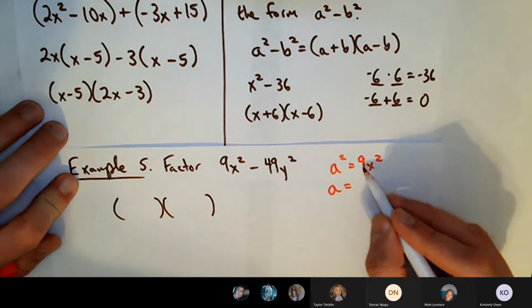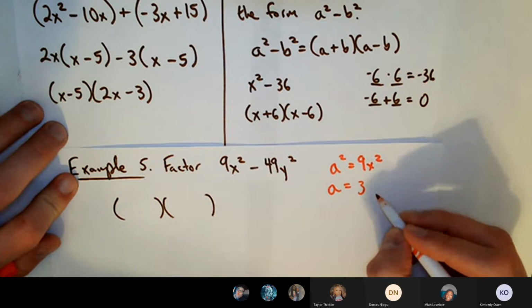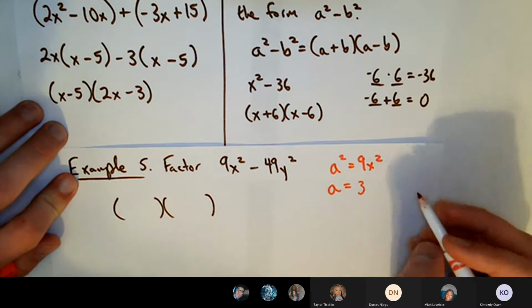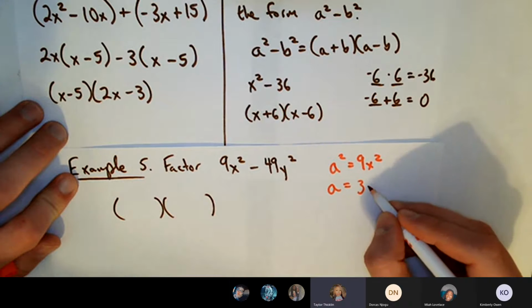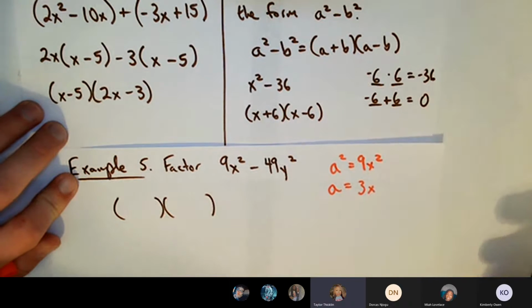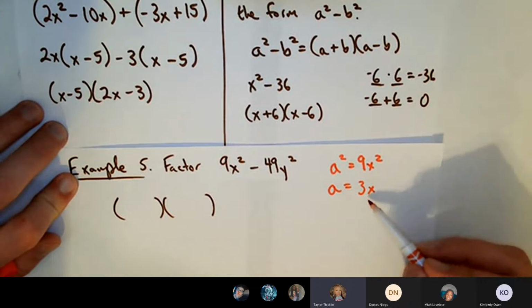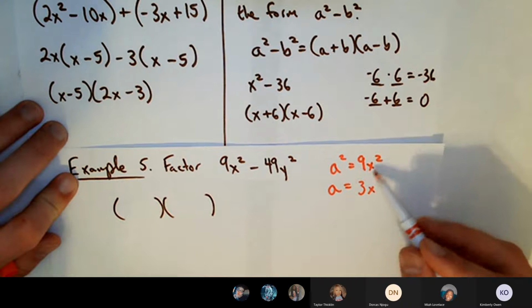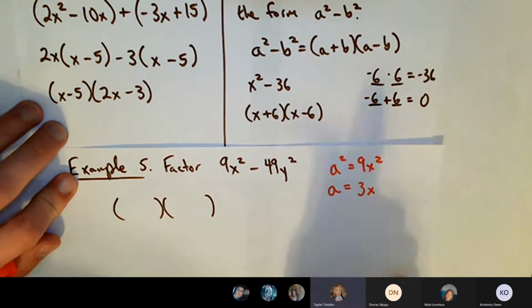Think of what do you have to square in order to get a 9? 3. Yep. And then what do you have to square in order to get x squared? 1x, right, in x. Because what is x? If I square x, then I get x squared. So it tells you in its name what the root should be. So that means that'll be 3x.